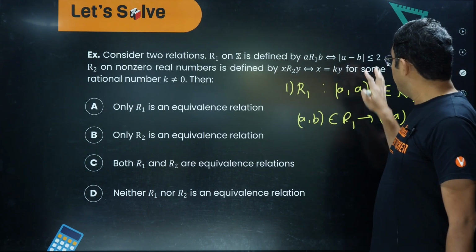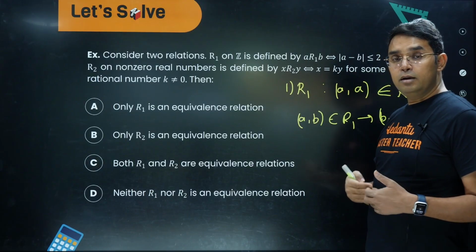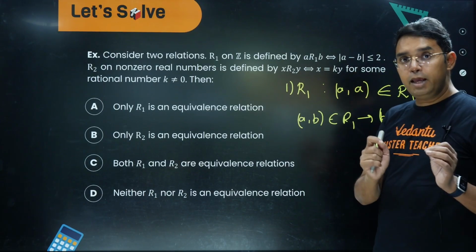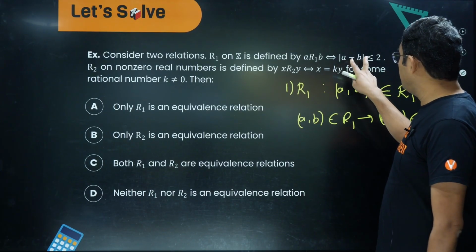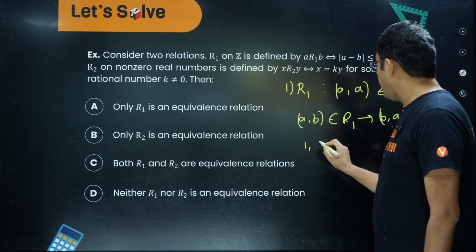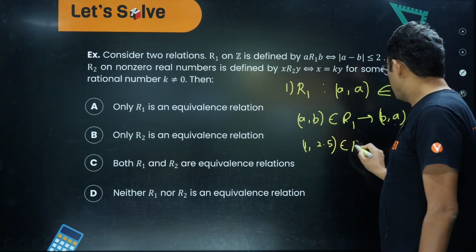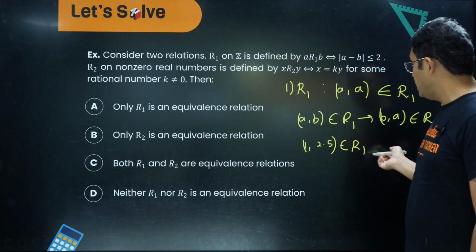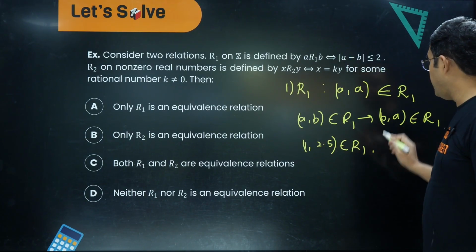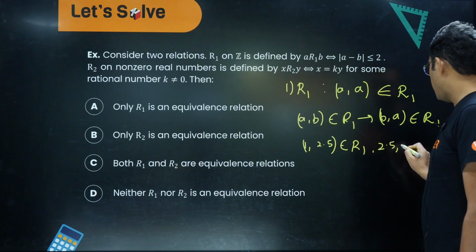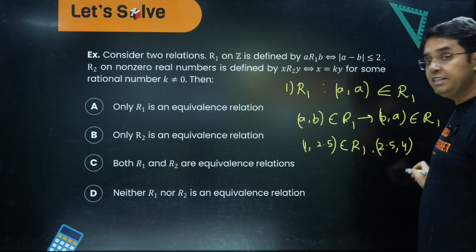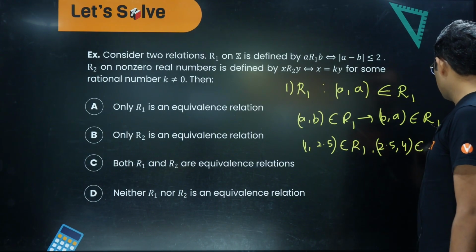But dear students, when we check for transitivity, we can see some violation here. If you choose two numbers, let's say 1 and 2.5, they are related, belonging to R1, because the difference is 1.5. Then 2.5 is related to 4, again a difference of 1.5, so this also belongs to R1.